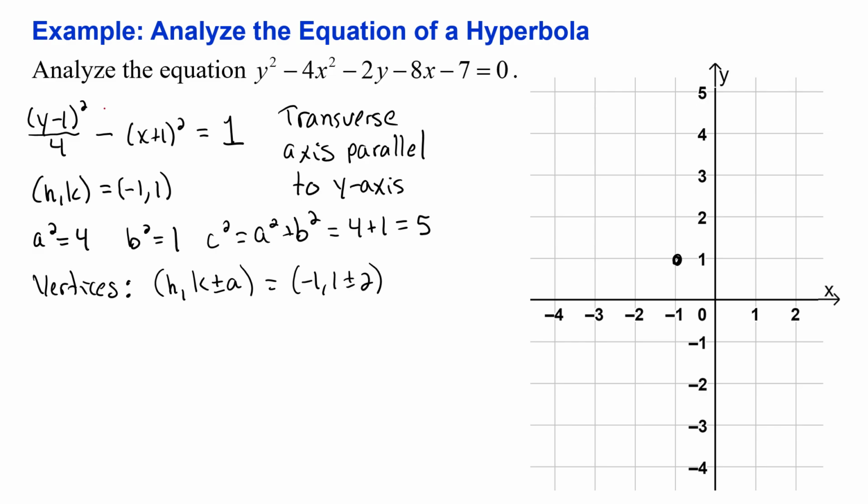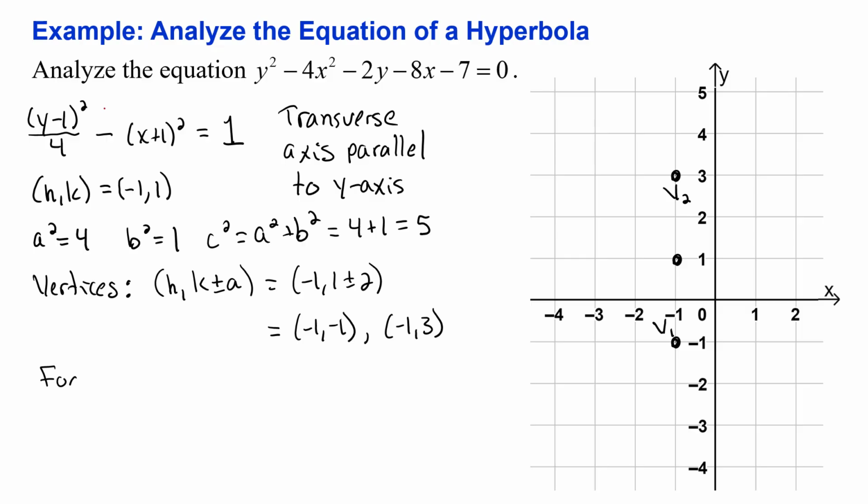So these are the 2 vertices, with coordinates (-1, -1) and (-1, 3). Let's plot these 2 points on our coordinate grid. At (-1, -1), we have v sub 1, and at (-1, 3), we have v sub 2.